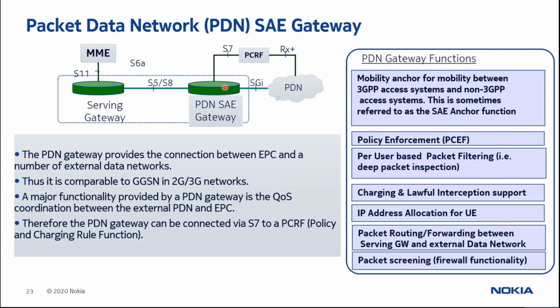So based on the APN that is assigned for the subscriber, the PDN gateway will ensure that that particular access point name is converted into an IP address for the user, and this IP address is unique. It is one of the IPs which is there as a subnet for that particular access point.